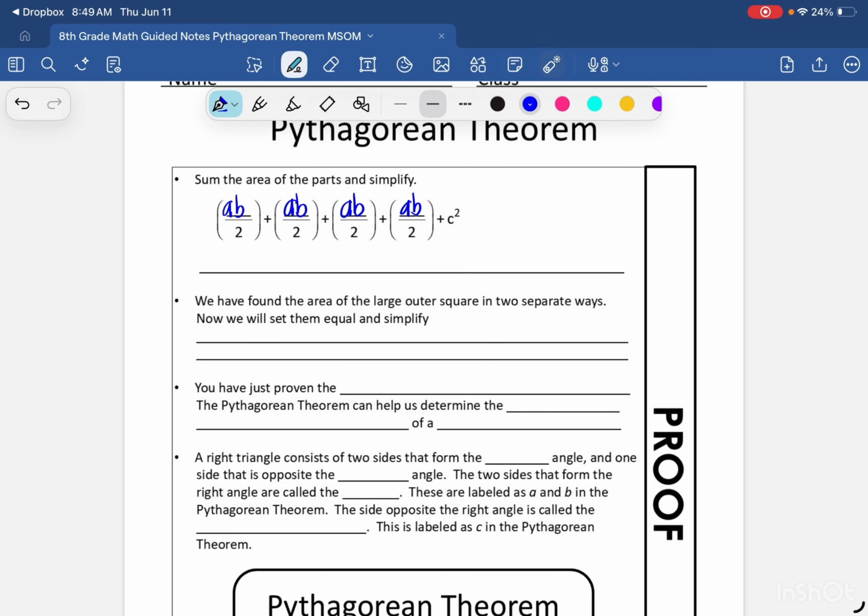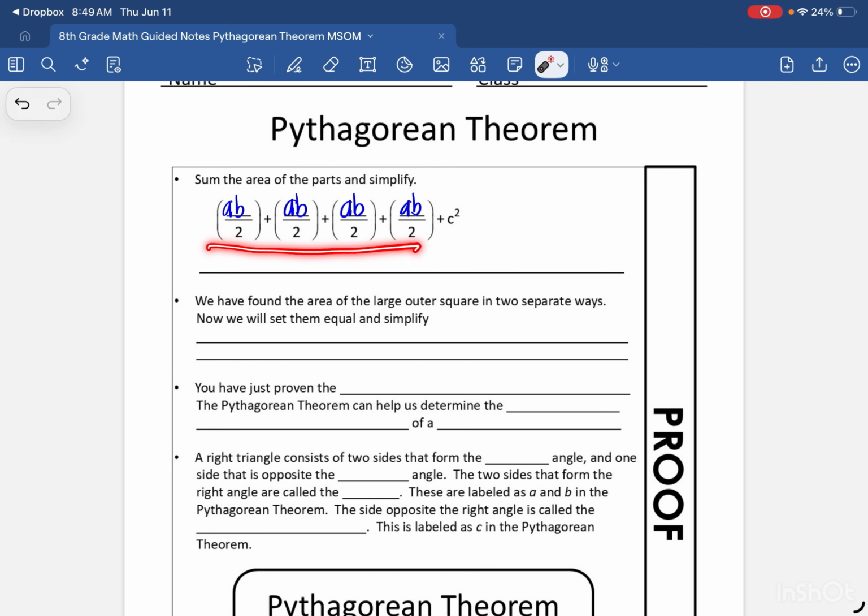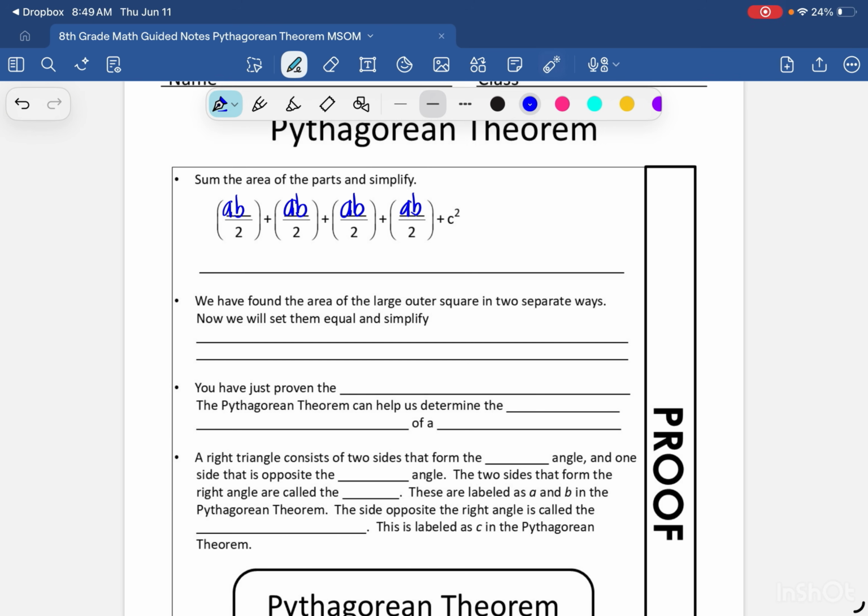This is the area of the 4 triangles, and this is the area of the square in the middle. If I add up all these areas, I get the area of the bigger square. Simplifying, that gives me 4AB divided by 2 plus C squared, which equals 2AB plus C squared.